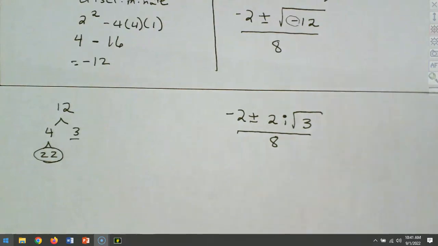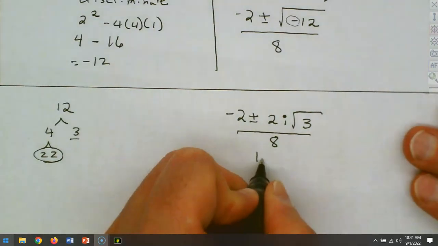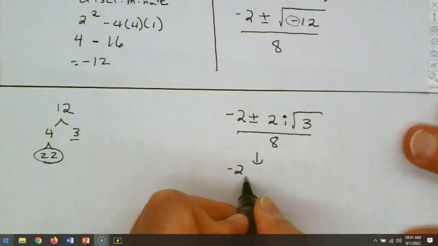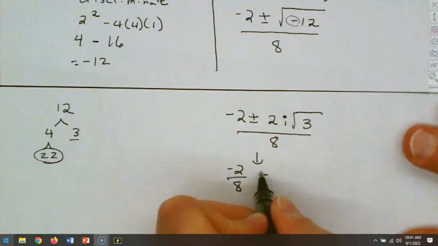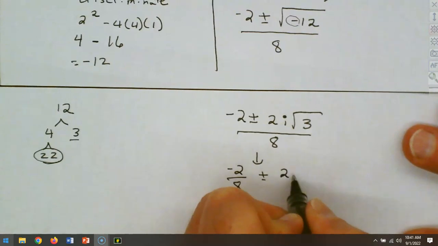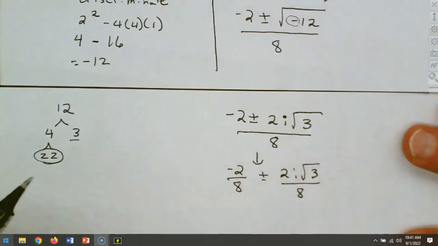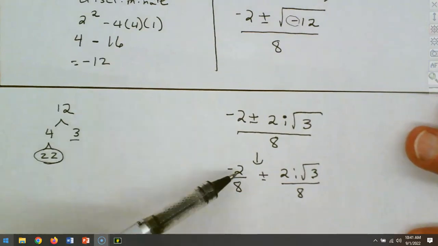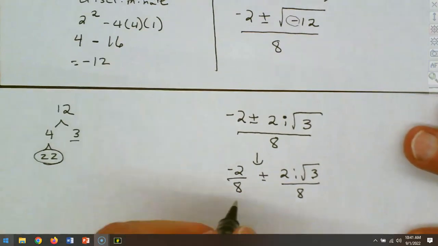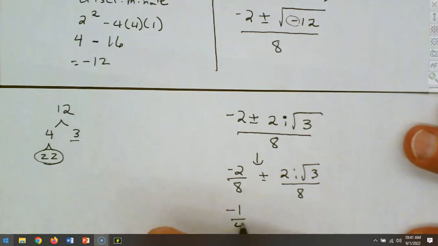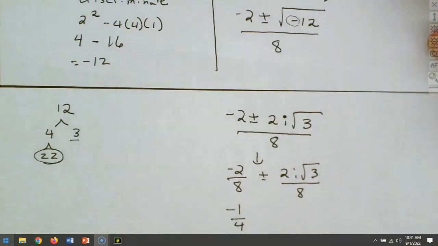We need to split this up, and we need to reduce it. So split it up into the individual fractions so we can then reduce. And negative 2 over 8, well, that leaves you then with a negative 1/4. So there's your real part.